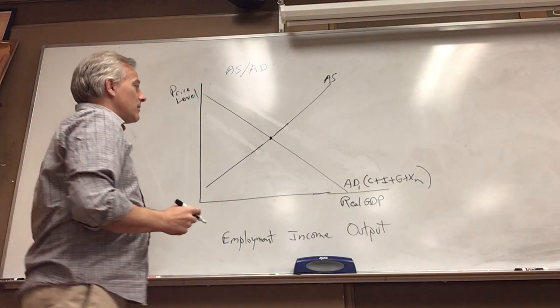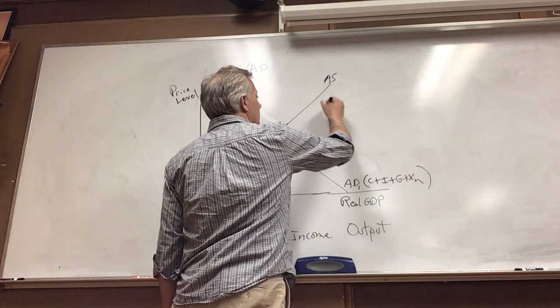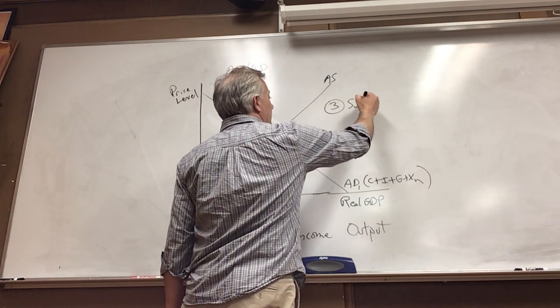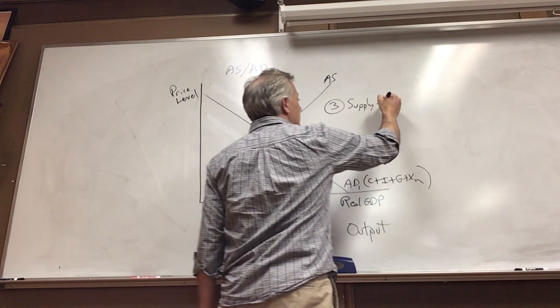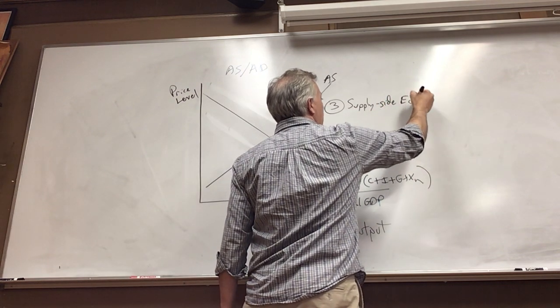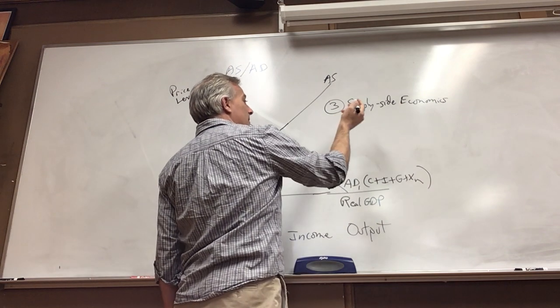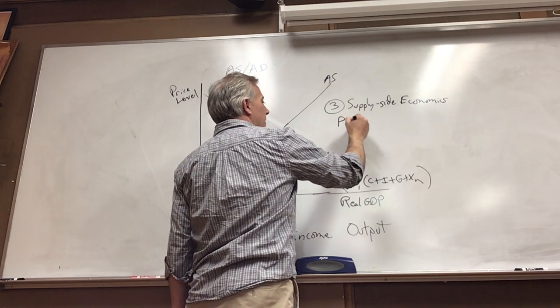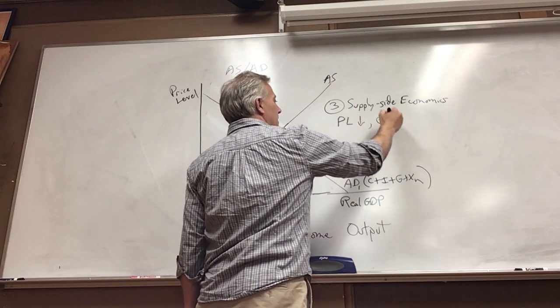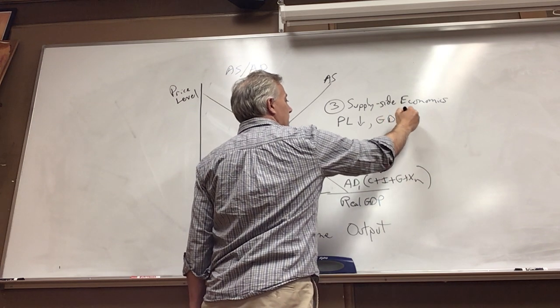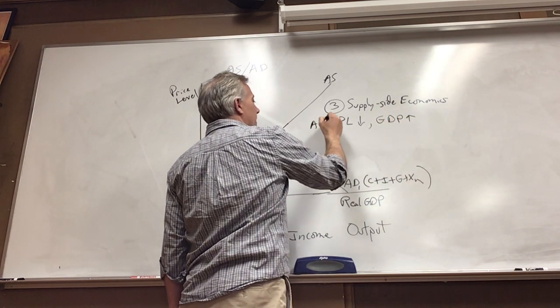Okay. Number 3, supply side economics, or Reaganomics. All right, this is the best of both worlds. Price level goes down and GDP increases. Sorry, I left out, aggregate supply increases.